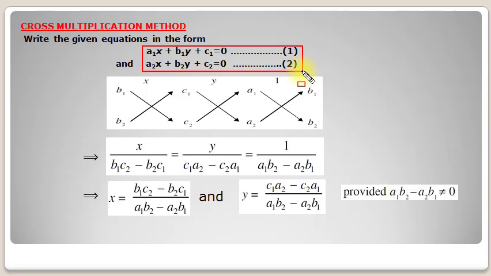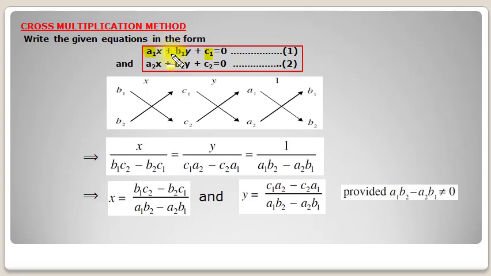After writing it in this form, or if it is given in this form, then by comparing the given pair of linear equations with these two equations, we can identify the values of a1, b1, c1. You have to take them with the sign. If it is plus here, then b1 will be of plus sign.